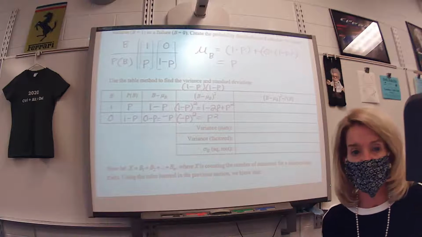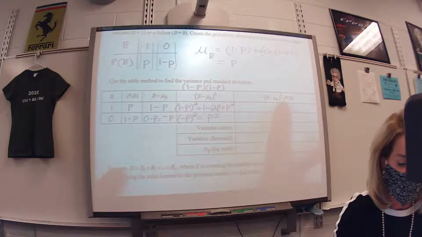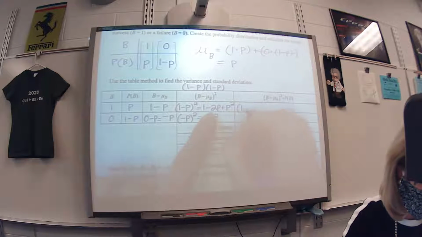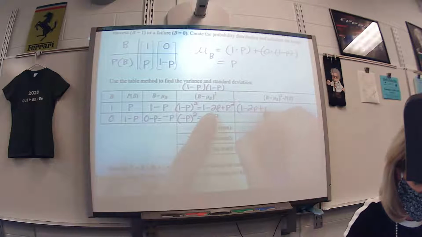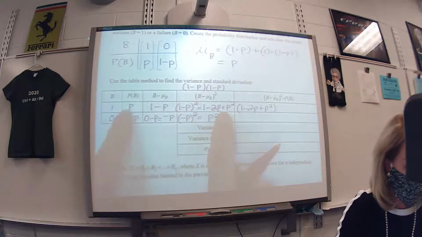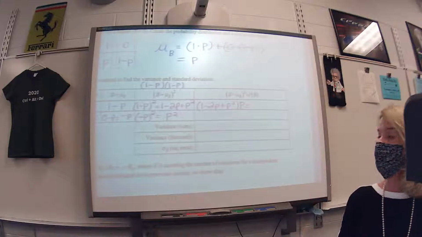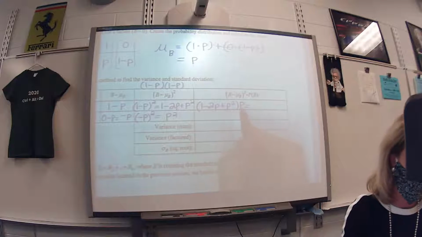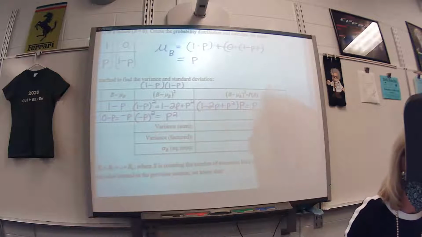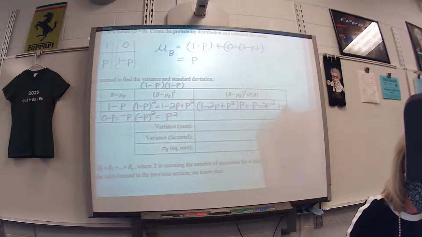But then the formula says you're supposed to take that and multiply by its probability. So I have to take this trinomial I just created and multiply by his probability, which was P. So basically, I just have to distribute P, and I'm going to get P minus 2P squared plus P cubed.